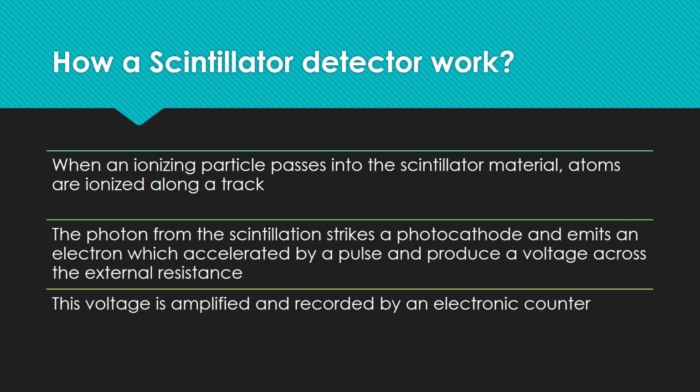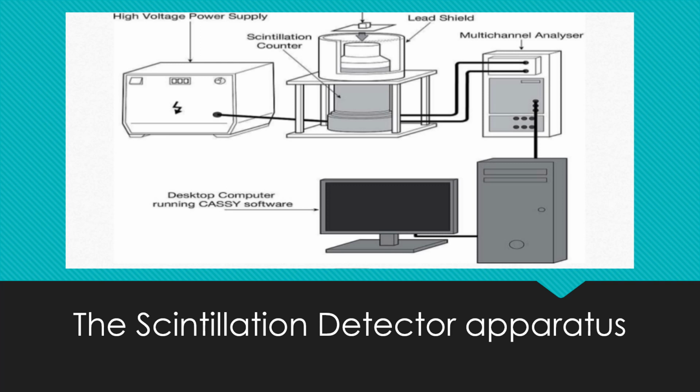This voltage is amplified and recorded by electronic counters or electronic setup, as we mentioned in the slide before. So here we have the scintillation detector apparatus. Here we have the high voltage power supply, the scintillation counter, the multi-channel analyzer, and finally a desktop computer to see our peaks and to collect our data.